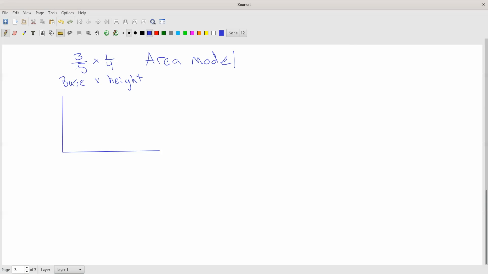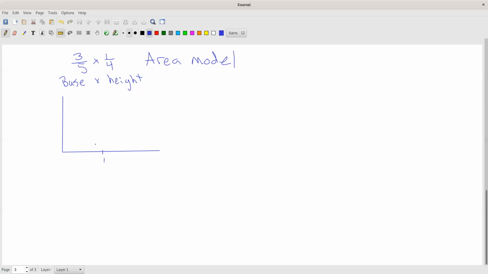And to identify 3/5 for my base, I first have to identify, what does 1 look like? So I'm going to measure out here. Let's see, how about holding up a piece of paper to my screen to measure both directions right. So I'm going to make 1 right there.